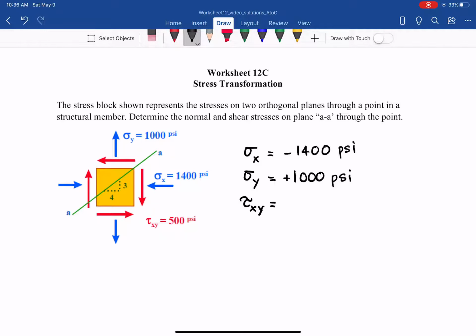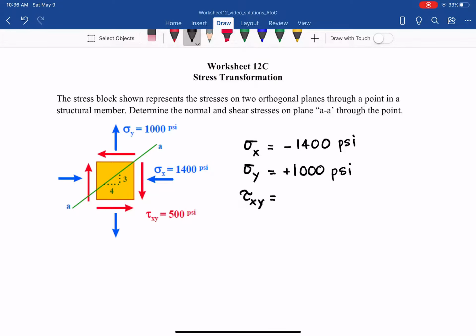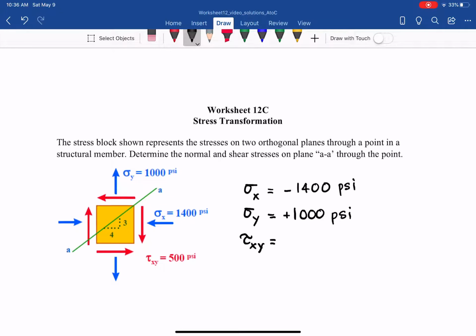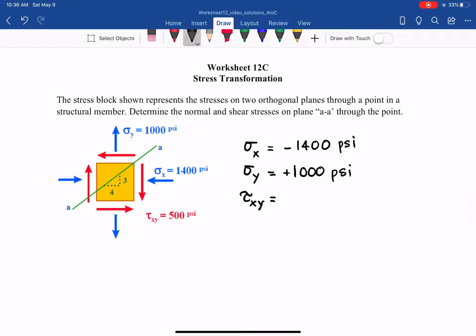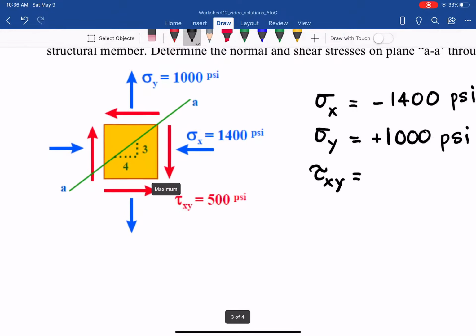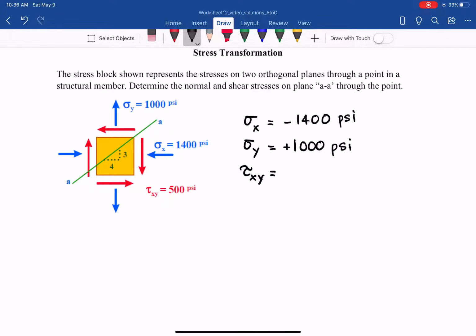as you can see, they are the same on the plane in terms of magnitude, but to use the analytical method, the equation we were just talking about, you only need to see the direction of the shear stress tau xy on the positive x plane. The positive x plane, by definition, is the vertical plane on the right.